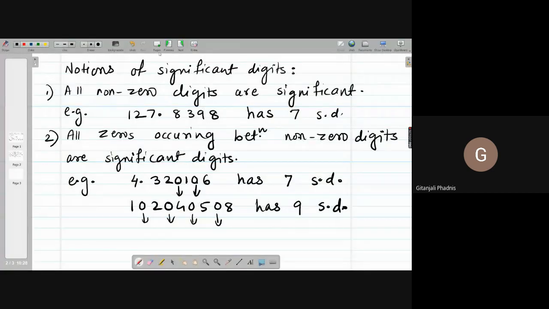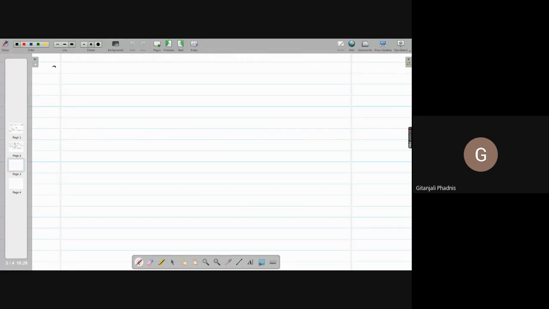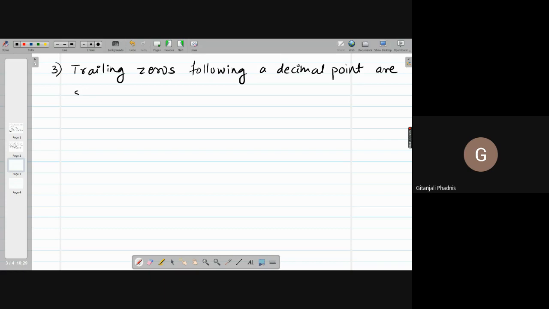Finished writing this, girls? Yes, ma'am. Third one: trailing zeros following a decimal point are significant.